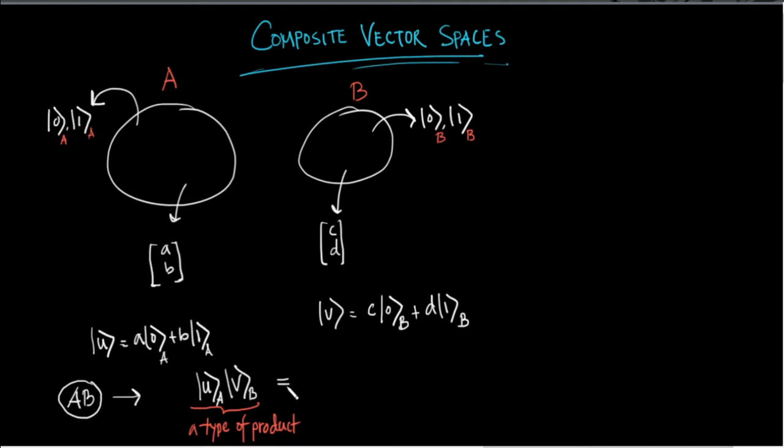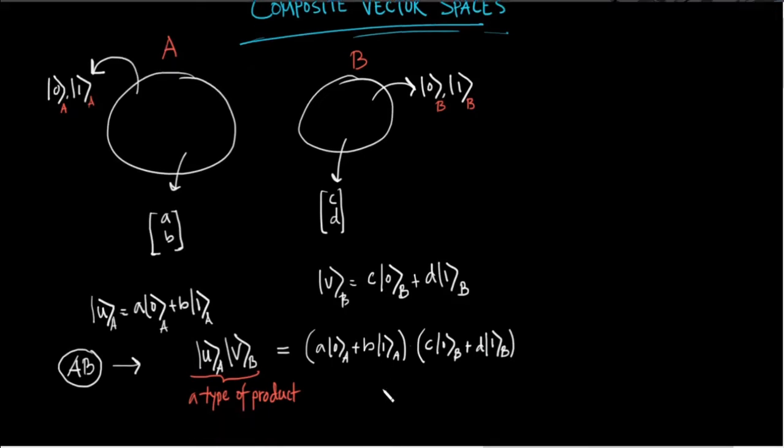I know that U_A is a0A plus b1A and V_B is c0B plus d1B. If we multiply this out, we can form a product between them.